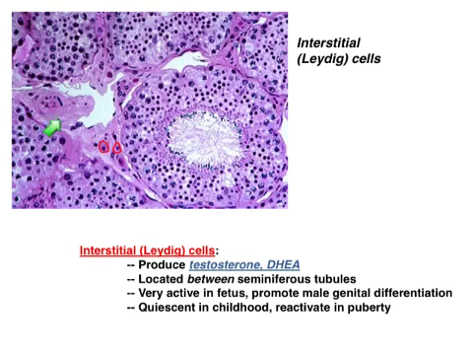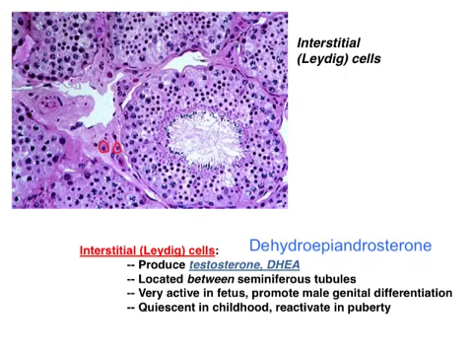The hormones they produce are testosterone and other androgens, including DHEA. DHEA stands for dehydroepiandrosterone. DHEA is a weak androgen that can be converted to testosterone.